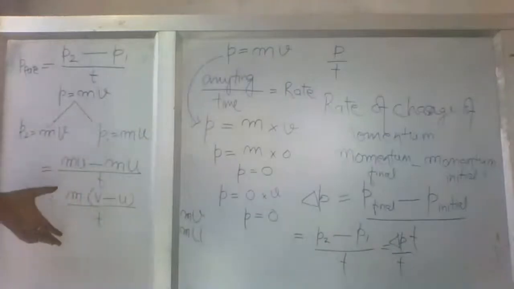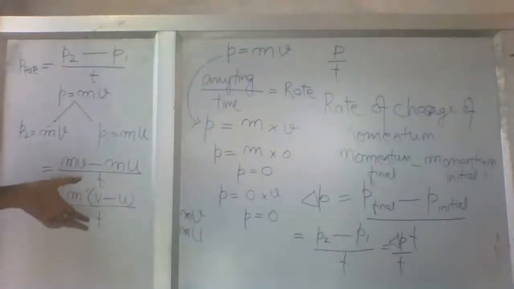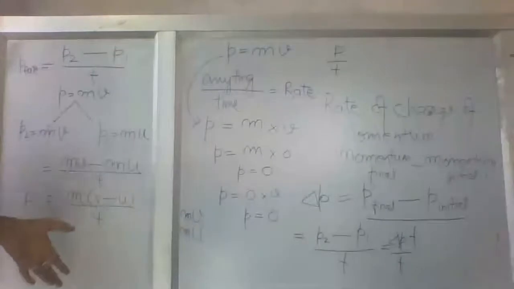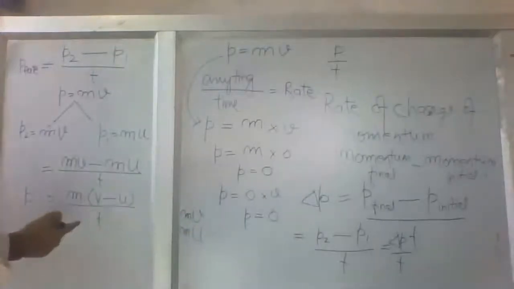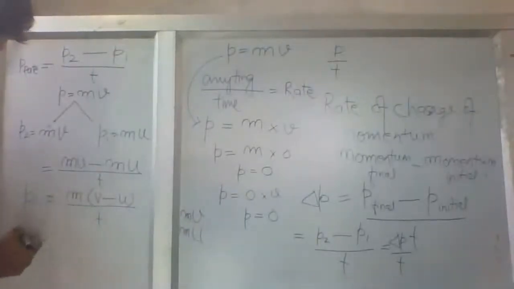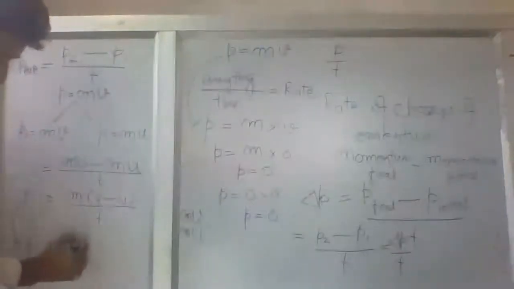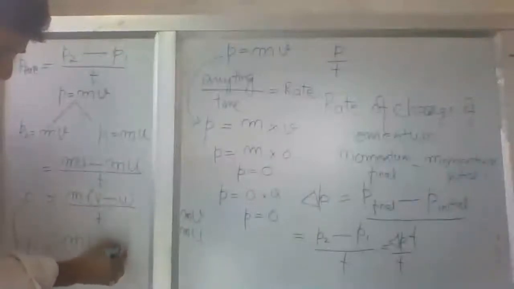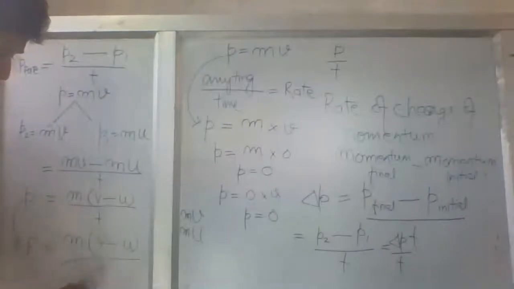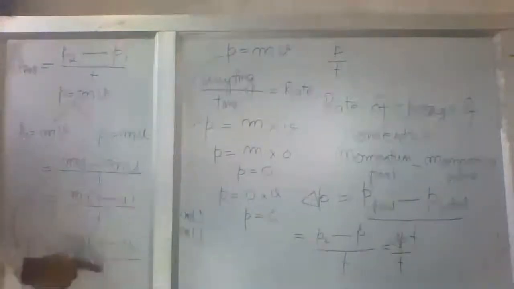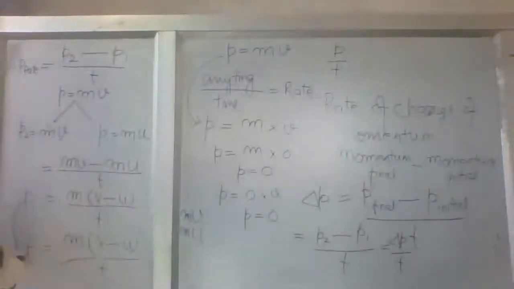Now, Newton said that rate of change of momentum is called force. So, rate of change of momentum is known as force. So, P will become force F, that is equal to mass times final value of velocity minus initial value of velocity divided by time. It means rate of change of momentum is called force.